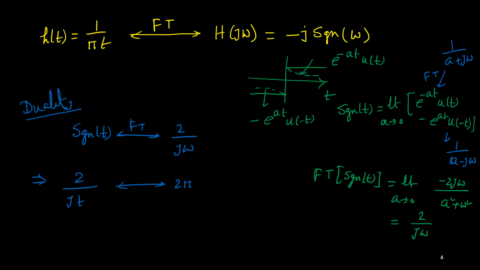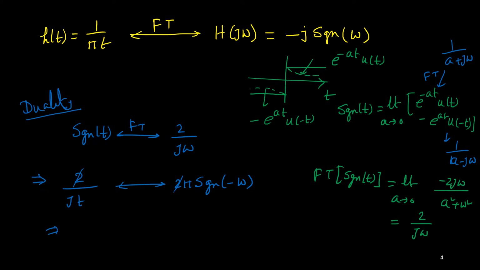Actually, this is the signum of minus omega, and signum is a real function, so I write signum of omega only. So these two will cancel out, and we can divide both sides by pi and multiply both sides by j.